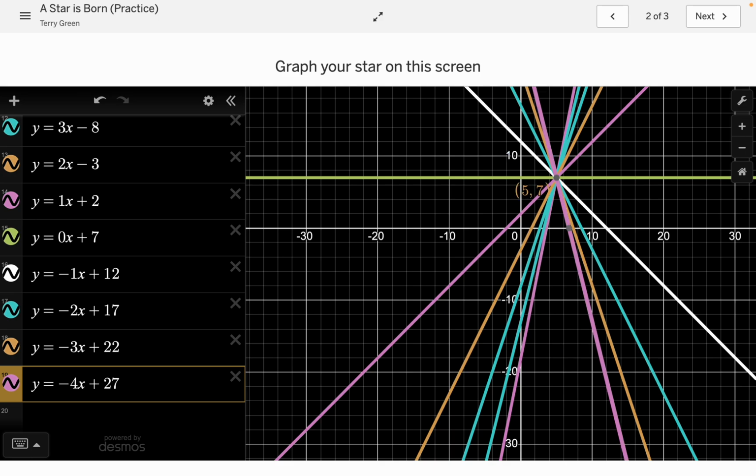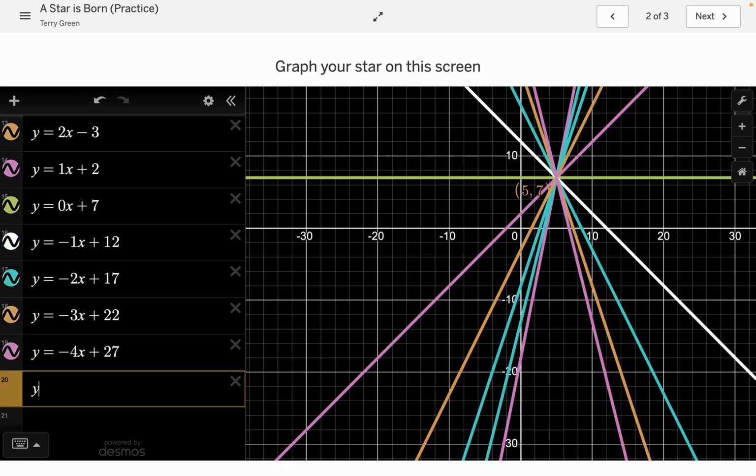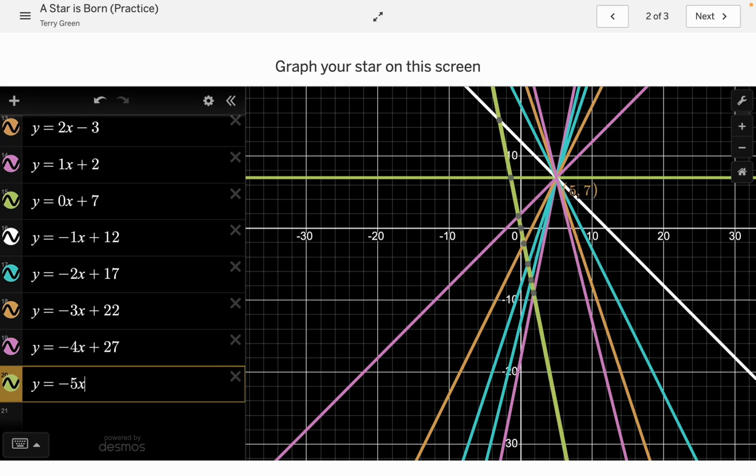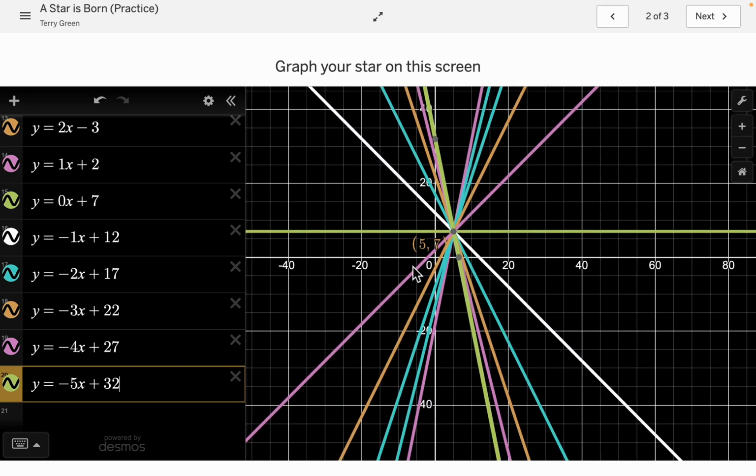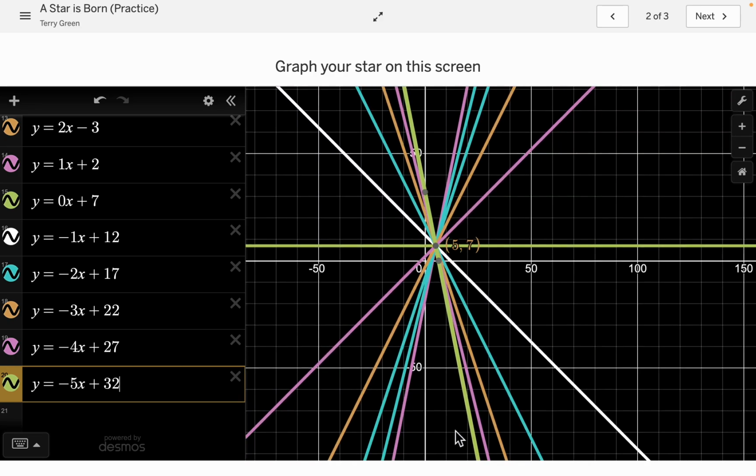You can really see the pattern now. And you can just keep right on going. But I'm going to stop when I get to the negative 5. And you can see now I have my full star there.